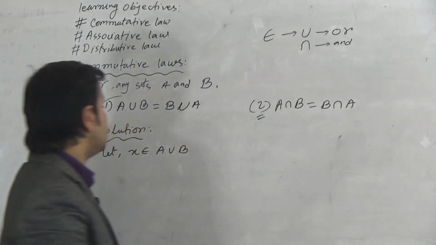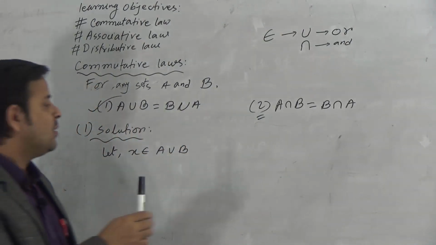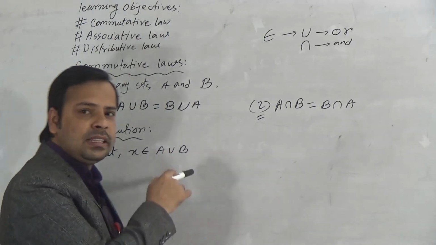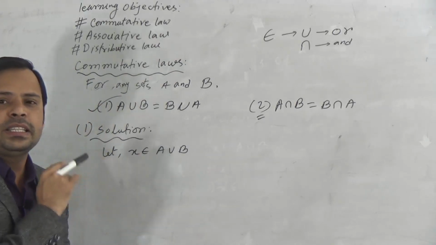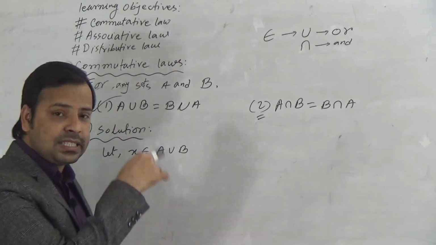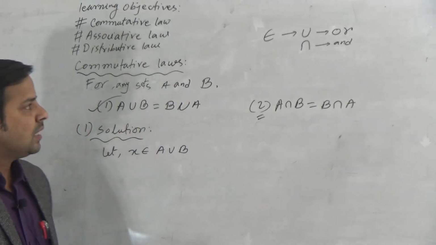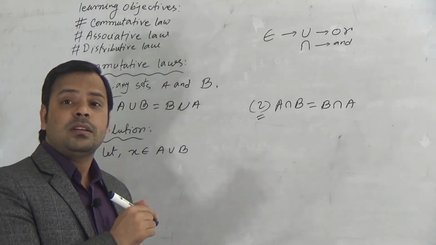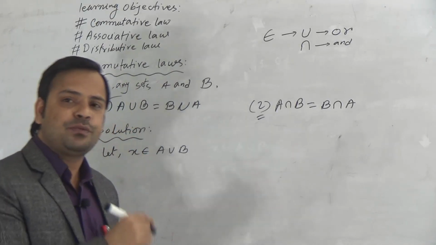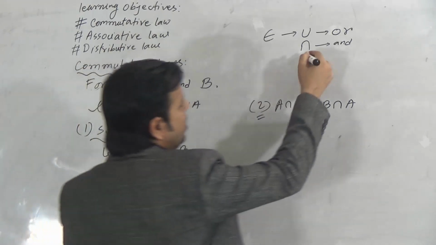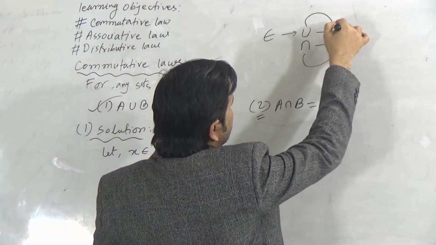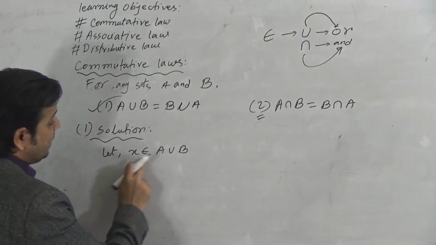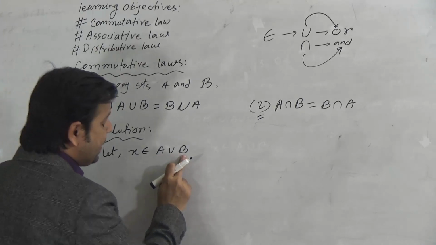OR means the element contained in the first set or in the second set will be contained in their union. If it is intersection, that means the element will have to be contained in both sets. For this, in case of intersection we write AND, and in case of union, we write OR.